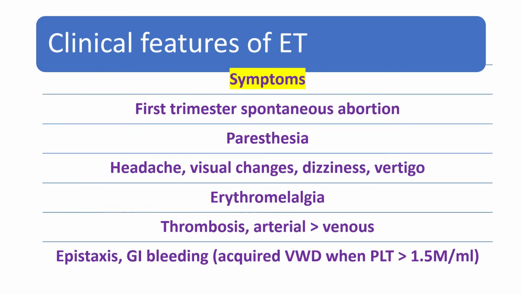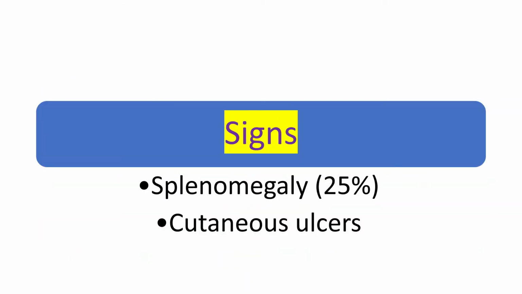Clinical features: first trimester spontaneous abortion, paresthesias, headache, visual change, dizziness, vertigo, erythromelalgia, thrombosis, which is actually more common in arterial than venous, epistaxis, GI bleeding, which is due to acquired von Willebrand's disease when platelet level is above 1.5 million per ml. The signs are mainly splenomegaly and cutaneous ulcers.